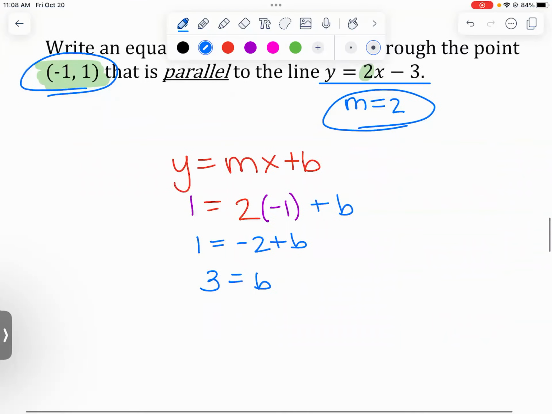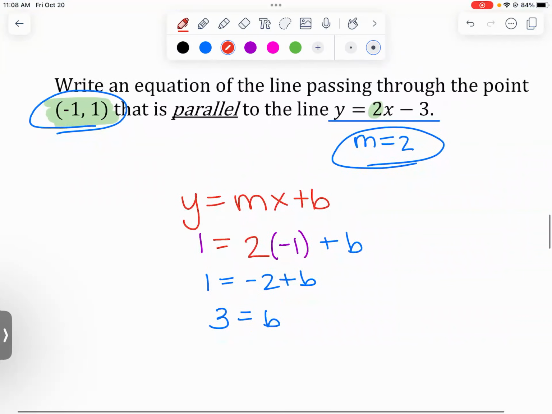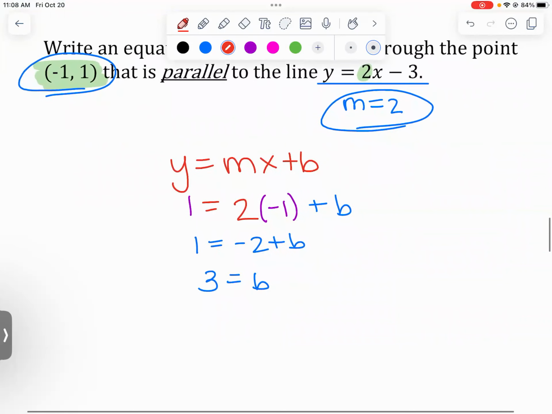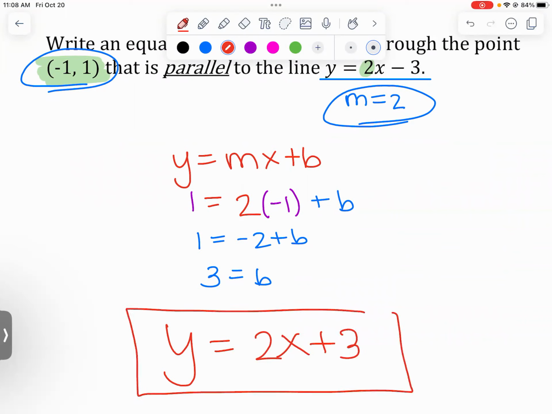Sorry. Okay, so a line parallel to y equals 2x minus 3, but goes through the point -1, 1, is y equals 2x plus 3. I was looking at the wrong thing.